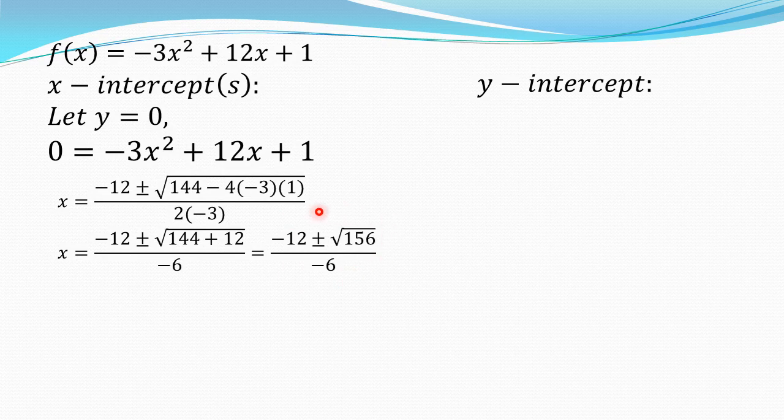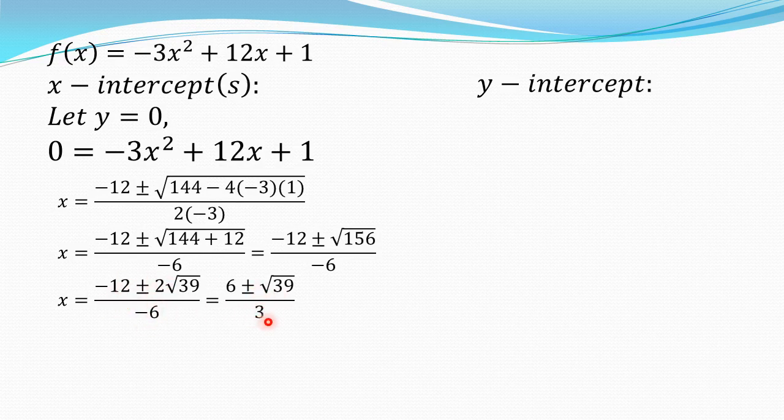Now you could actually stop right there with this quantity, but for me, I like to simplify it to the simplest form possible. So I evaluated this as 2 times the square root of 39, and then there's a common factor for these three, which is -2. That's why I divided it. So -6 divided by -2 is 3, -12 divided by -2 is 6, and 2 divided by -2 is actually -1.